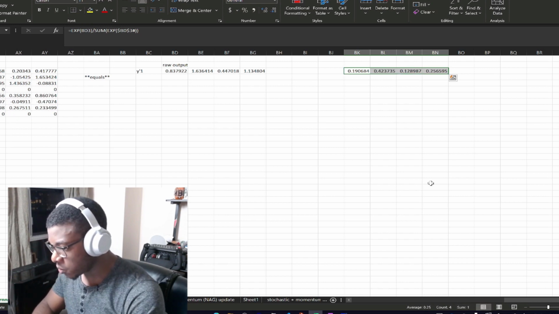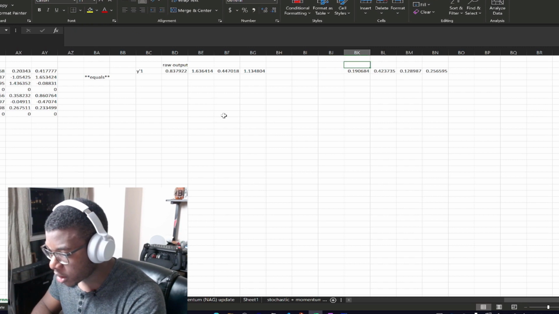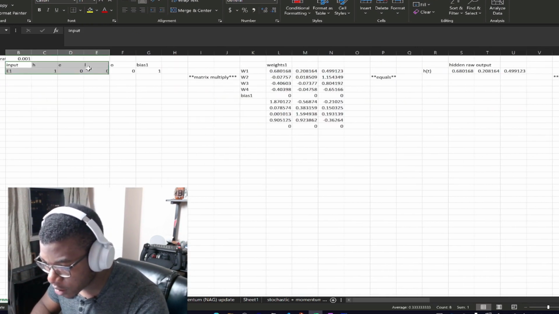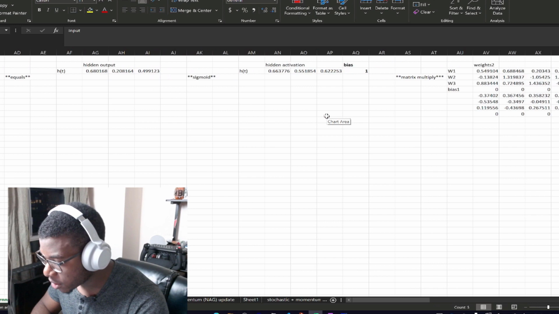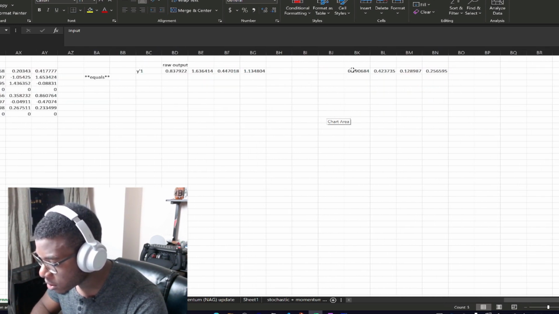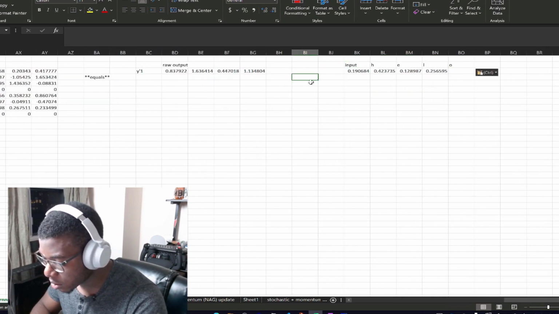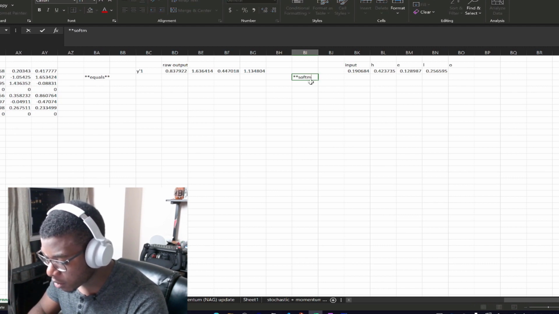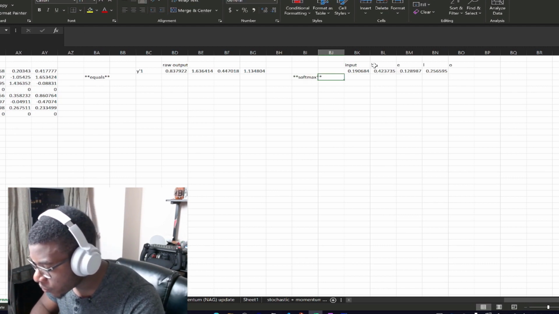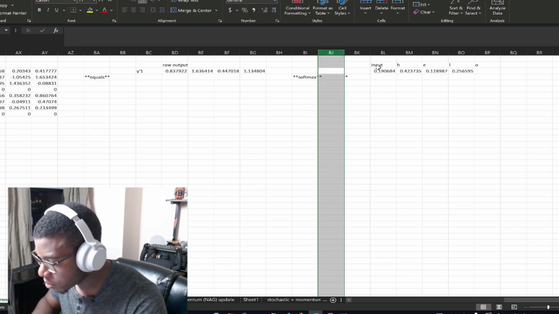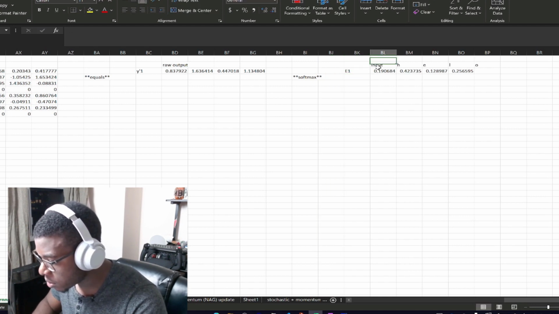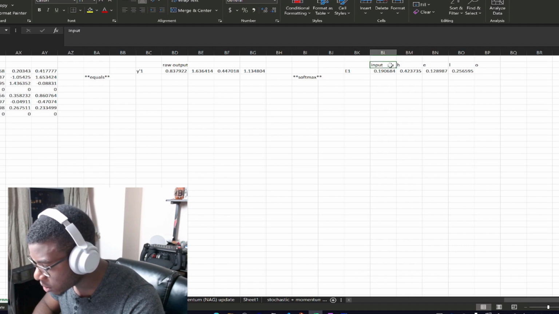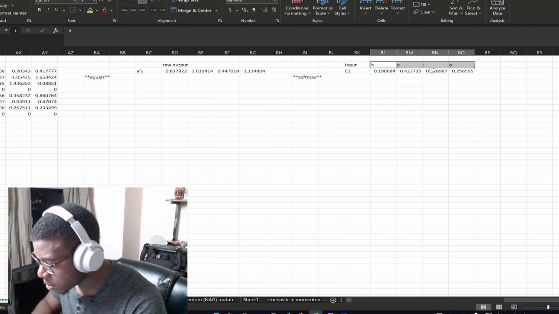Okay, that sums up to 1. And in this case, what we have here is just our outputs. Softmax. Goes to 1.